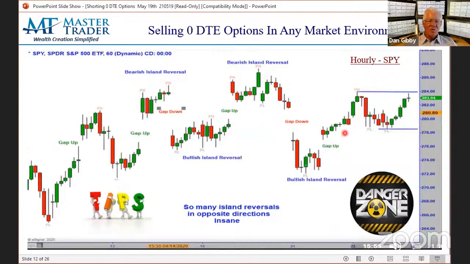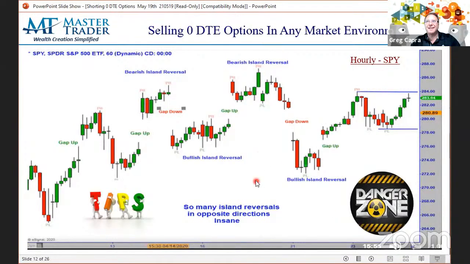And that's why I'm showing it to us, because every single day, even though there's not a good directional setup, we could pick a point where we could say, all right, that looks like the low for the day, that looks like the high for the day. And then there are candidates to sell these 0 DTEs. And this is your word, Greg, so I gave you a little icon here.